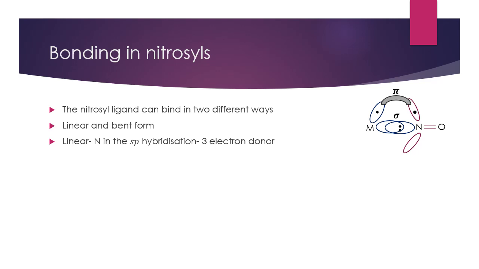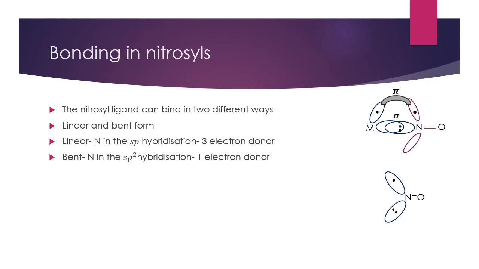Whereas in the case of the bent model, the nitrogen is in sp2 hybridization and these sp2 hybridized orbitals are aligned in a trigonal planar way. The picture represents like this. One of the sp2 hybridized orbitals of nitrogen overlaps with the oxygen and forms a sigma bond.